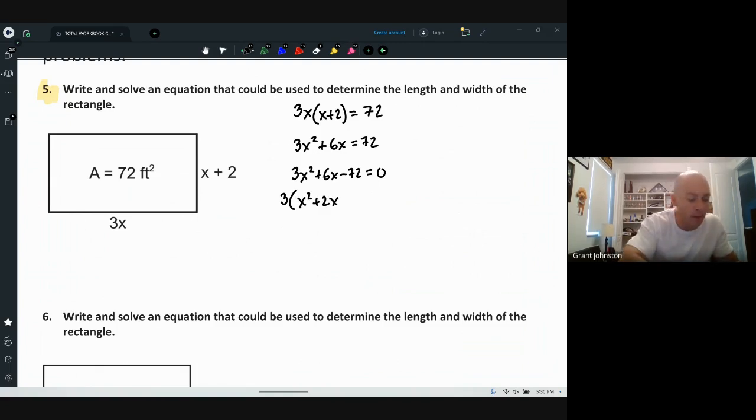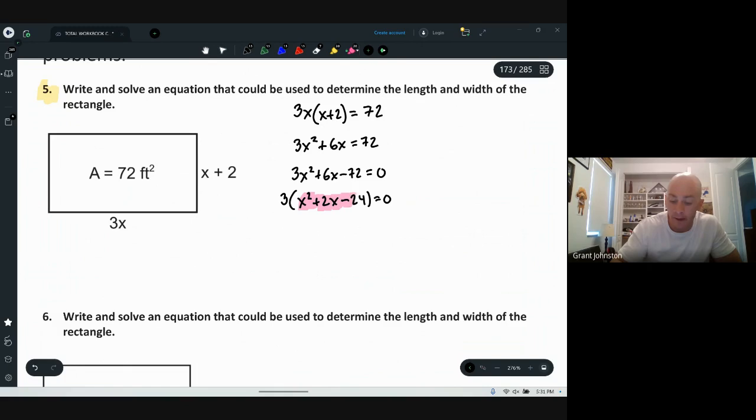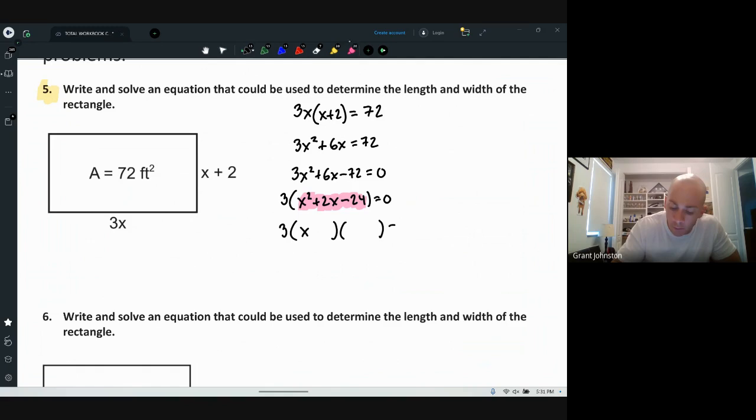72 divided by 3 is 24. And now I can just factor that. A lot easier. The 3 is not really necessary, but I'm going to write it. So x squared plus 2x minus 24: what multiplies to negative 24 and adds to positive 2?